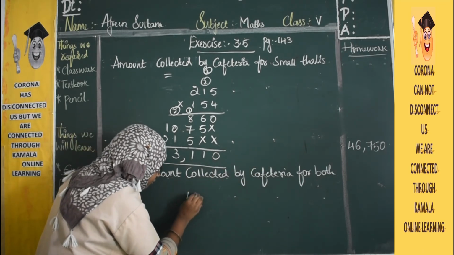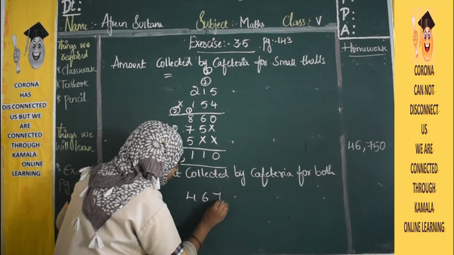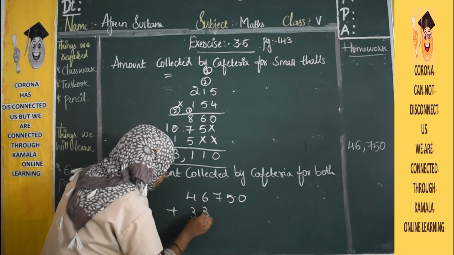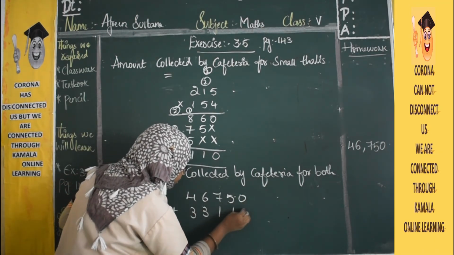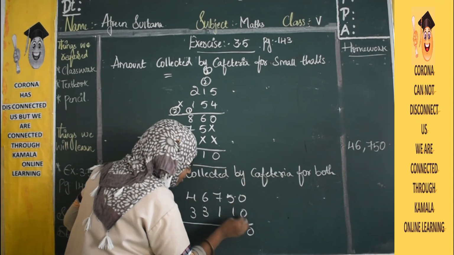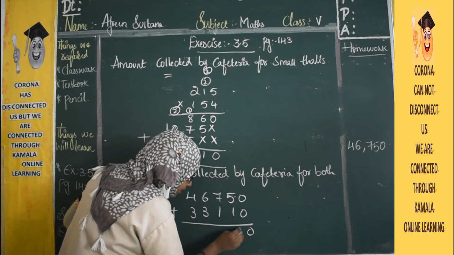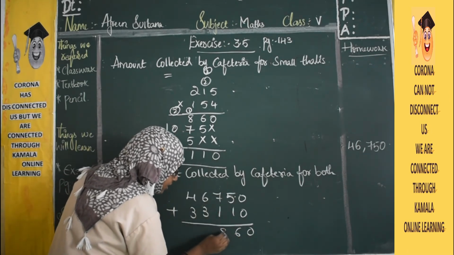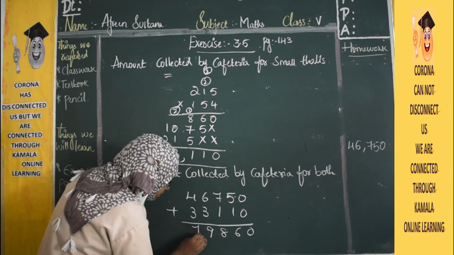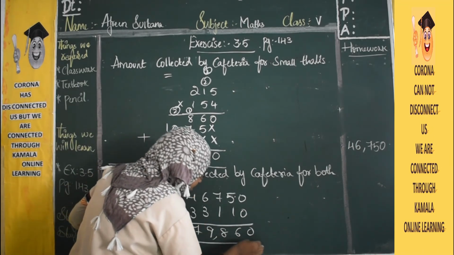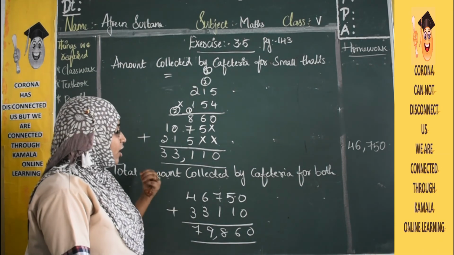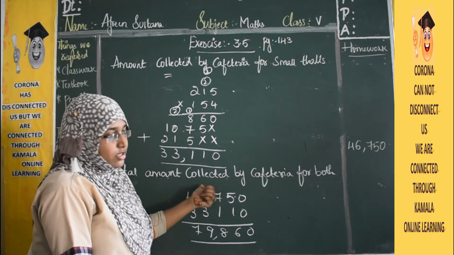So let's write 46,750 plus 33,110. 0 plus 0, 0. 5 plus 1 is 6. 7 plus 1, 8. 6 plus 3, 9. And 4 plus 3 is 7. So in total, they have collected 79,860 rupees from the college students for big and small thalis.